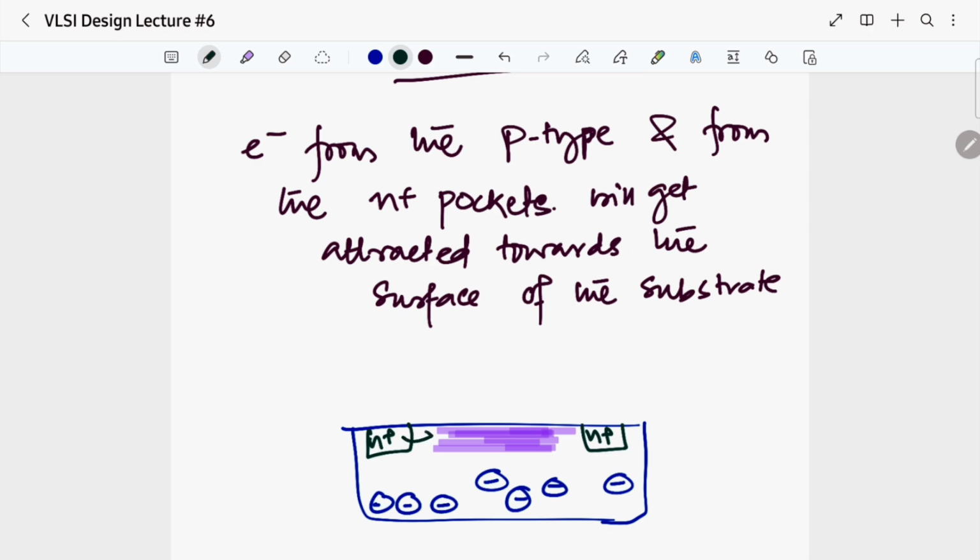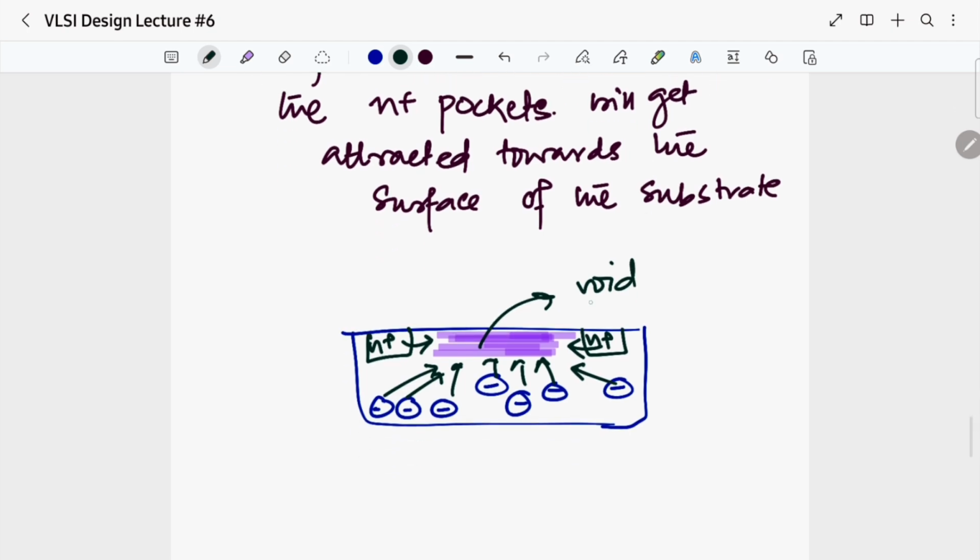So electrons from both sides, and all these electrons that are the minority charge carriers of our p-type, will move towards the surface in this void that we had already got. Okay, so now will this void remain a void? No, it will have electrons instead of void.